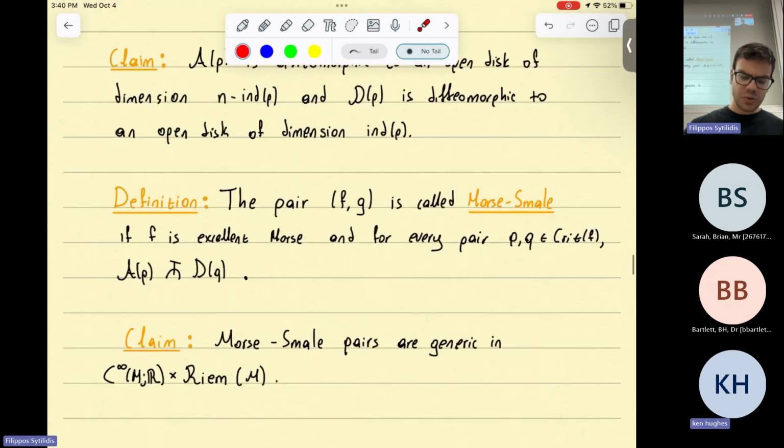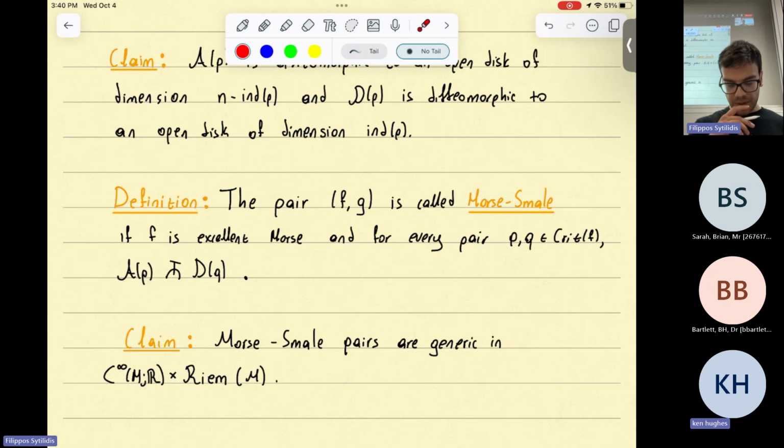So I don't strictly need this definition, but I'm going to give it for completeness. A pair f, g, where f is an excellent Morse function and g is a Riemannian metric, will be called Morse-Smale if f is excellent Morse, and for every pair of critical points P and Q, the ascending manifold of P and the descending manifold of Q intersect transversely.